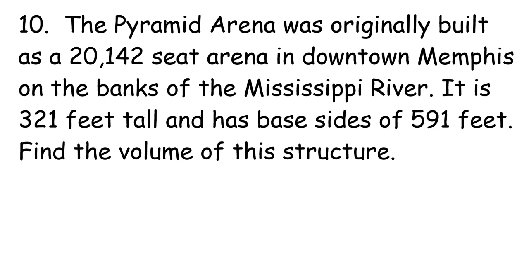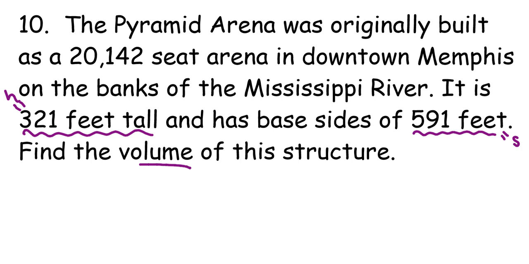It is 312 feet tall, so we have a height. That's our H value. And it has base sides of 921 feet. So understand base sides. This is considered to be a square-based pyramid. So I'm going to even label that as S, as you'll see in my formula in just a minute.